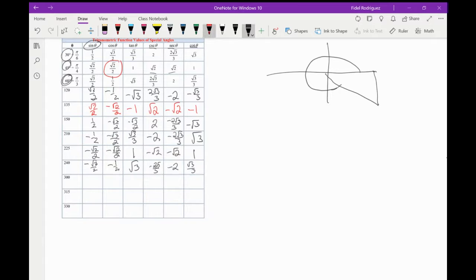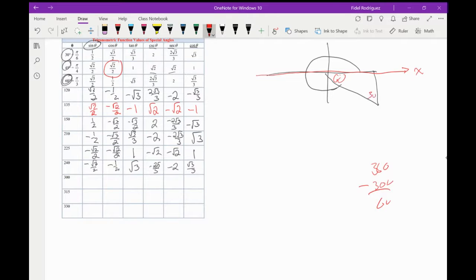Okay, so remember, guys, our reference angle is always going to be with the x-axis. So my reference angle here, theta prime, is going to be 360 minus what angle are we looking at? 360 degrees. So this angle here is 60 degrees.